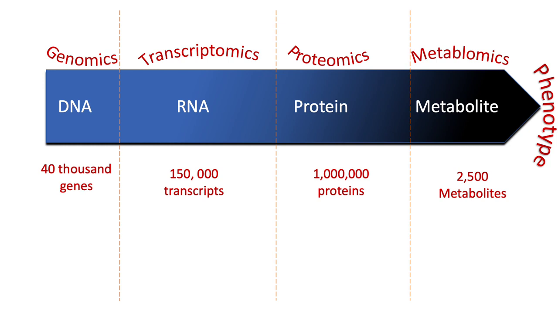If you see the numbers on your screen, for example, a human genome has around 30 to 40,000 genes, approximately 150,000 transcripts and around 1 million proteins. But interestingly, only a very small number of metabolites are present in humans.